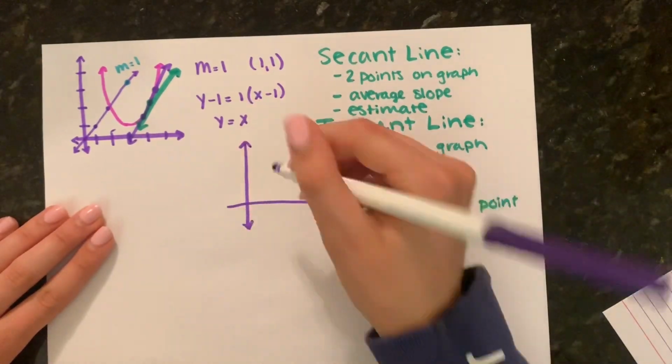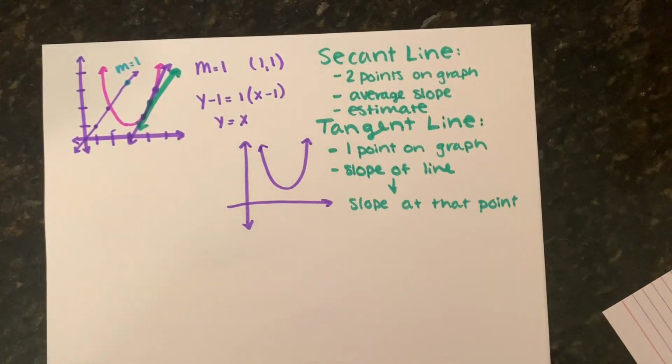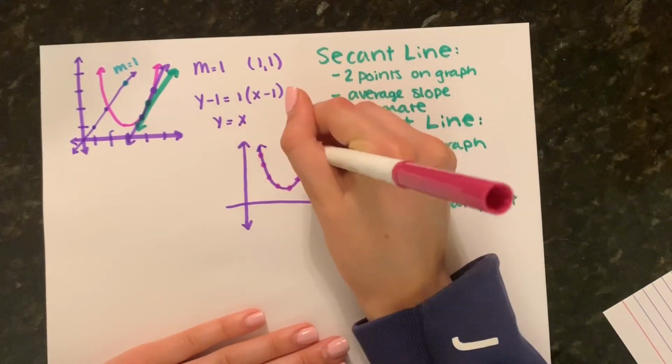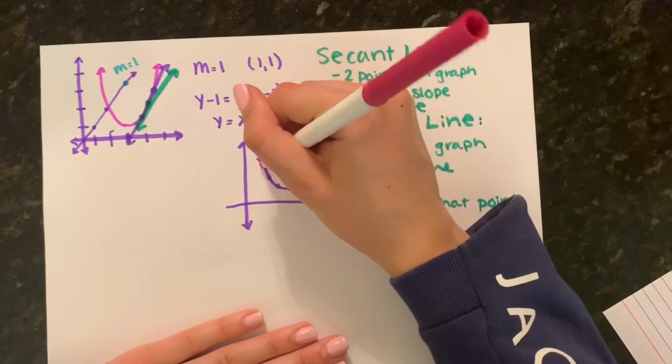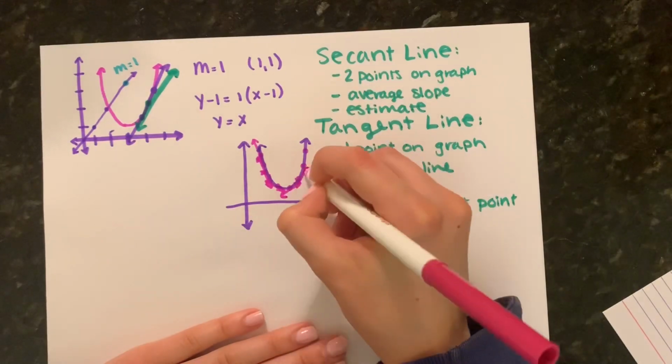What I am demonstrating in this drawing is that if we draw a graph and draw a tangent line at every single point of that graph, that shows that each point on the graph has its own tangent line and its own slope.